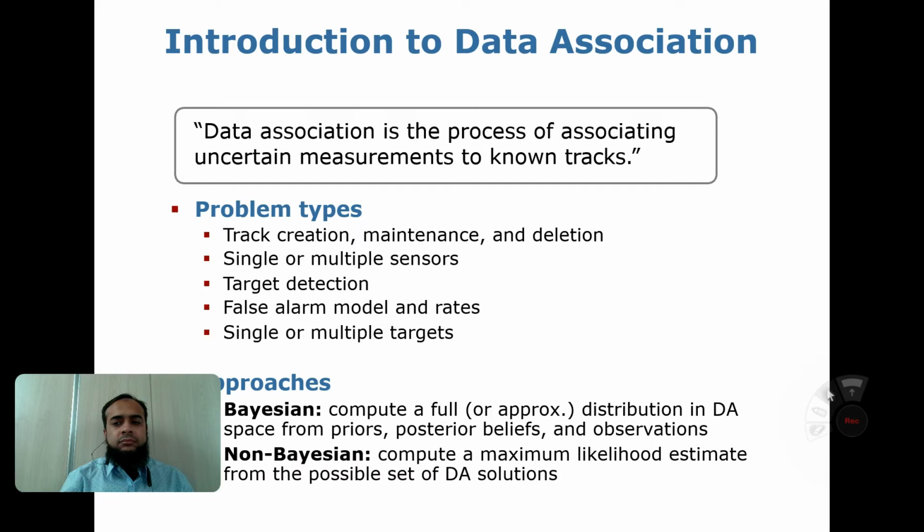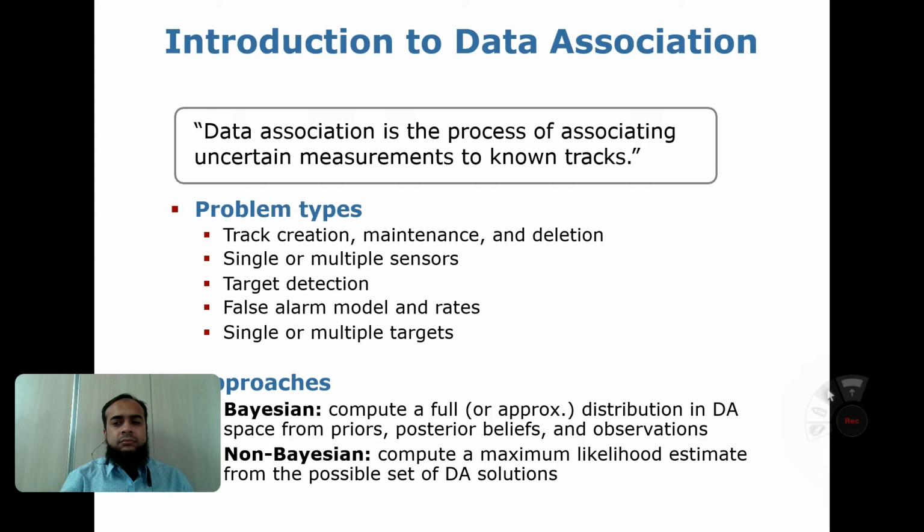It may be raised to 0.95 or 0.97. So initially it was initialized with 0.01, but when we update using data association, the probability increases from 0.01 to 0.95 or 0.85.